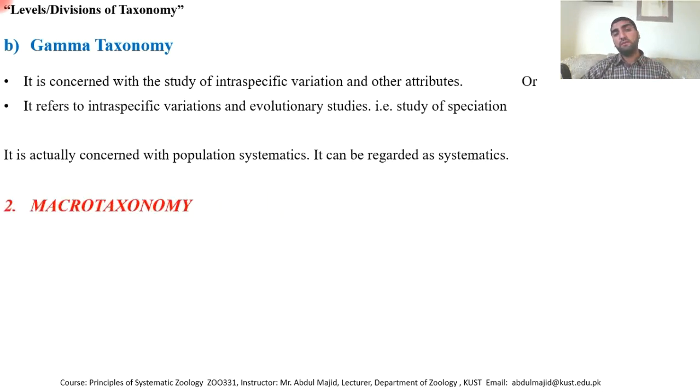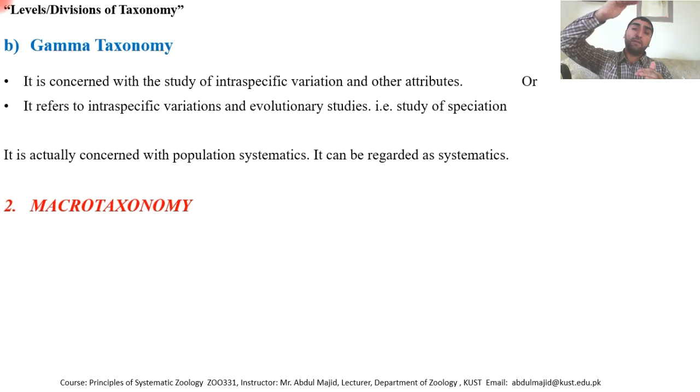Now the second portion is macrotaxonomy. What is macrotaxonomy? In macrotaxonomy, we study the upper levels. For example, we go up from subspecies and species a little bit more, to genus and family and order and class and phylum and kingdom and domain.